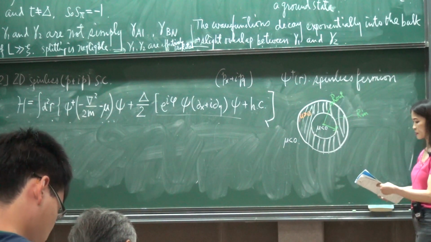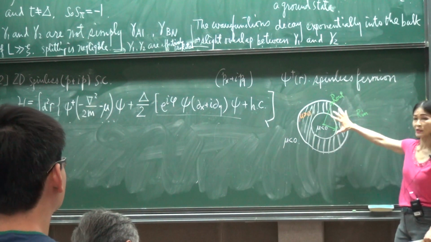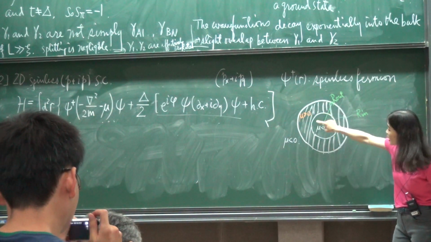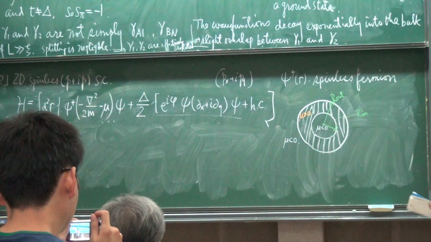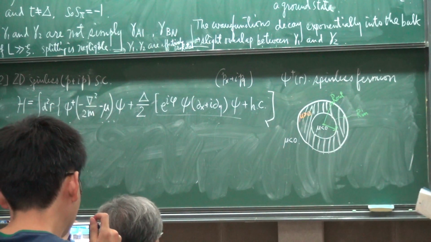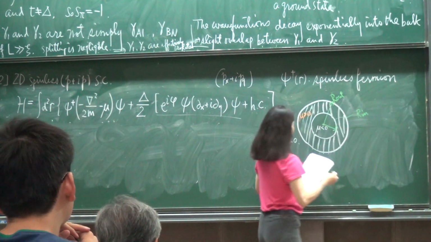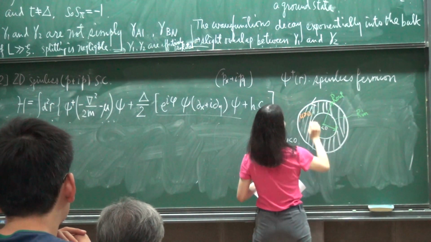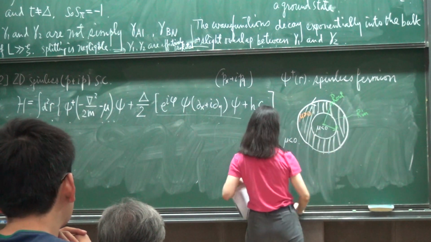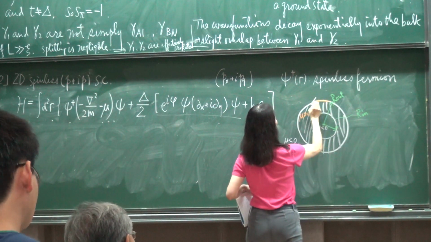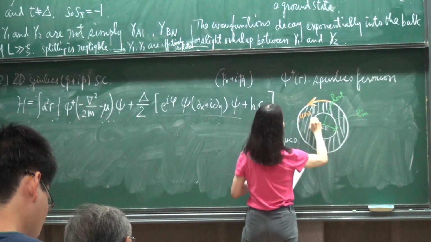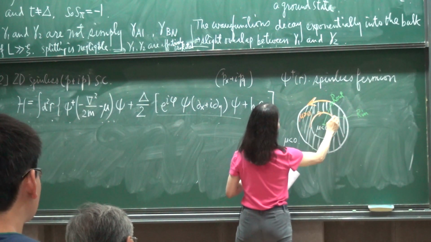It turns out that when you have such a situation, so you have an interface between a topological superconductor and vacuum, then I will have Majorana modes. This can be rigorously derived, but I'm out of time. I will have Majorana modes going around. Inside will be the opposite of outside.